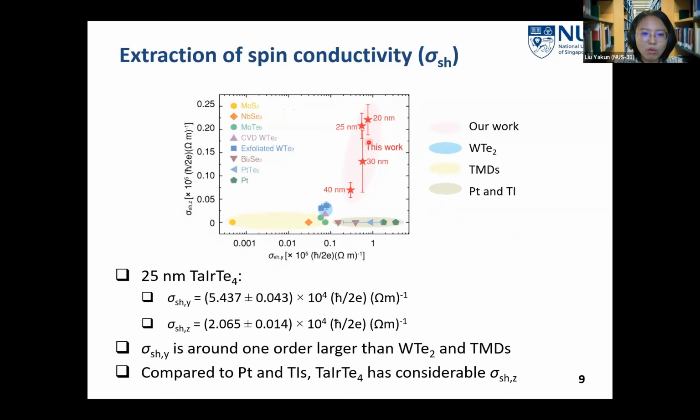We can see that ours is much better. So in other words, compared with other platinum and topological insulators, this material has substantial Y spin Hall conductivity and also Z spin Hall conductivity. This is potentially a very good candidate for field-free switching with low power consumption.